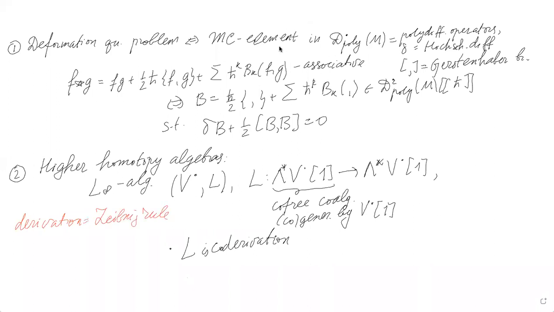So dually, a co-derivation should verify a co-Leibniz rule, which you obtain by dualizing the usual Leibniz rule. Let me recall that the Leibniz rule is X of the product AB is equal to X(A)B plus A X(B). Sometimes instead of plus, you need to write minus because of the grading.